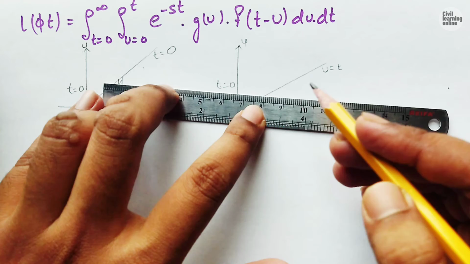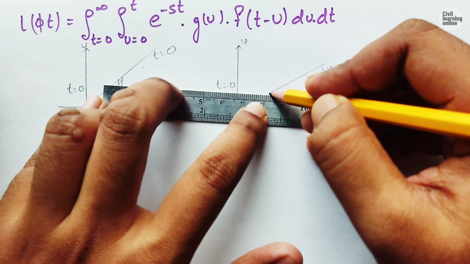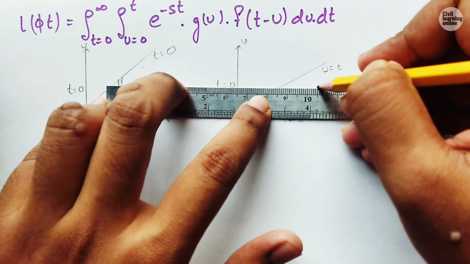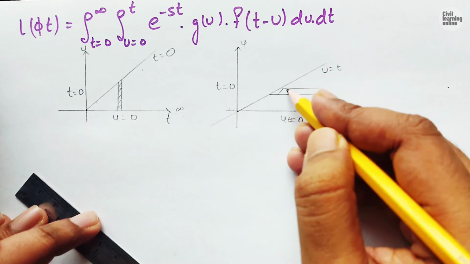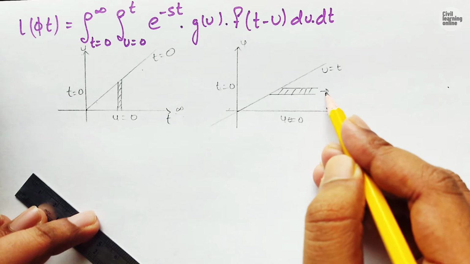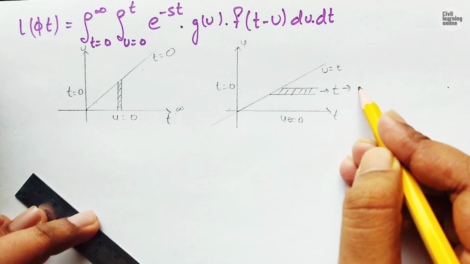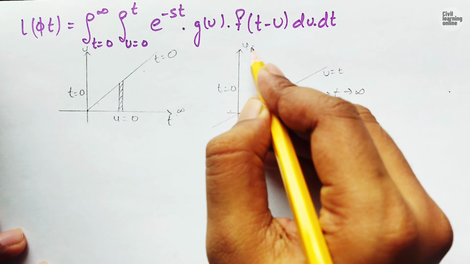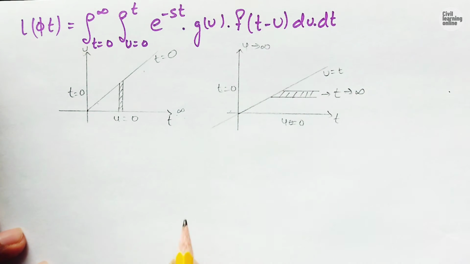So this time we will draw horizontally in order to change the orientation. So if we change the orientation, now you can say that this will be t tends to infinity, okay, t tends to infinity, and here we have u tends to infinity.